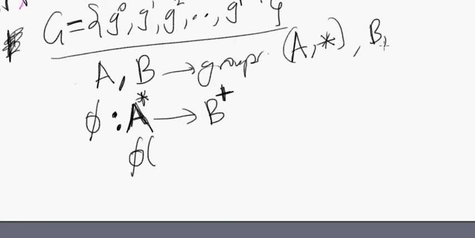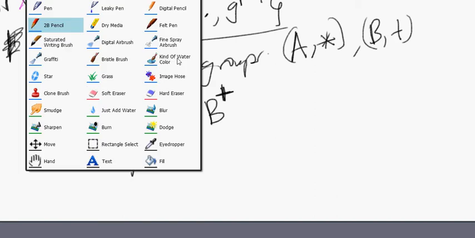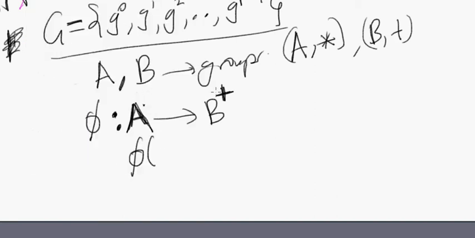B is a group and the operation is plus. That's what we're saying. We're not saying the group is called A star, okay? Maybe we should put it in purple to indicate that it's the operation. Let's first do some erasing here. All right.